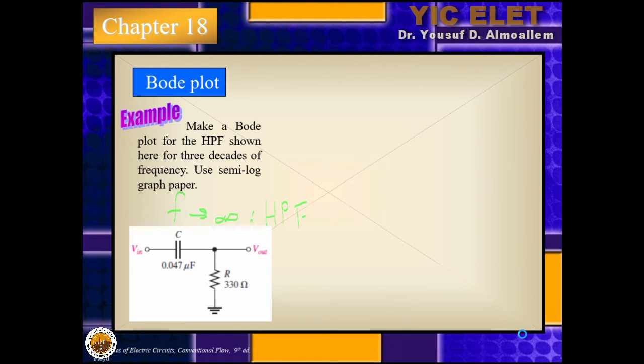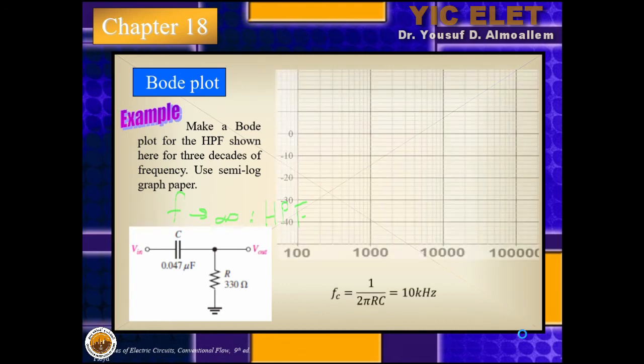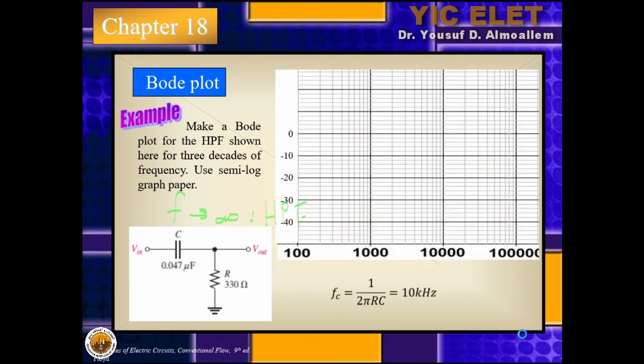So let's see what is the critical frequency. We need to plug these numbers into FC equals 1 over 2 pi RC, which is a common formula. Once we plug these numbers, we will find that this is 10K.